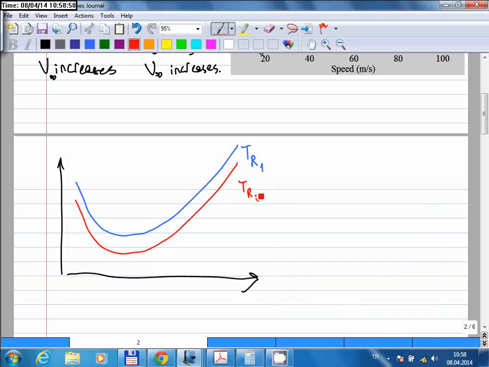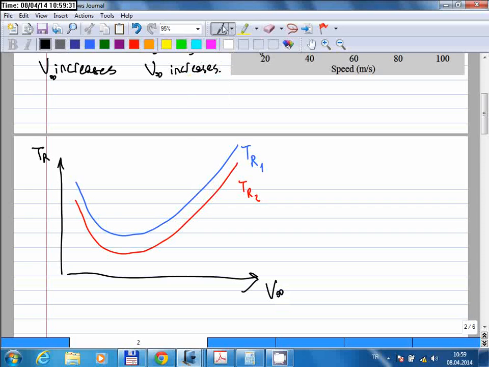Okay, and so which one of these aircraft do you think is a better design? Which one would you prefer to have, in terms of operation costs? Blue or the red one? Red one, right?